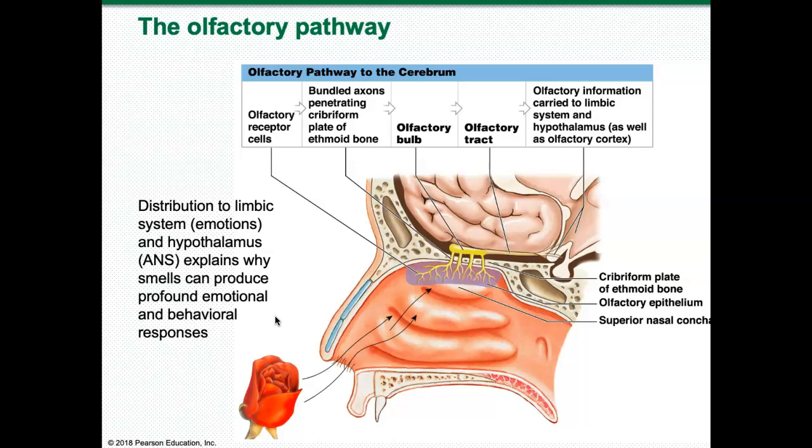This information is carried to the limbic system, the hypothalamus, and the olfactory cortex for processing. The limbic system is involved in emotion. The hypothalamus, part of the autonomic nervous system, explains why smells can produce emotional and behavioral responses.